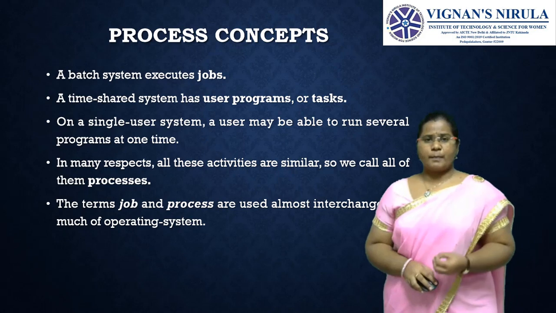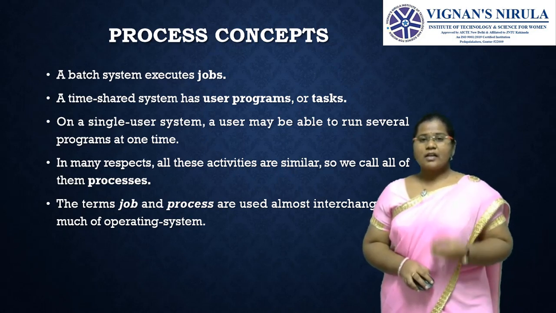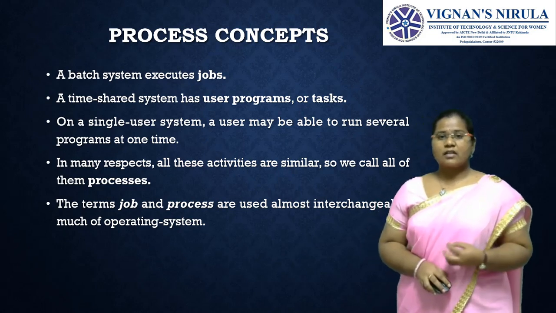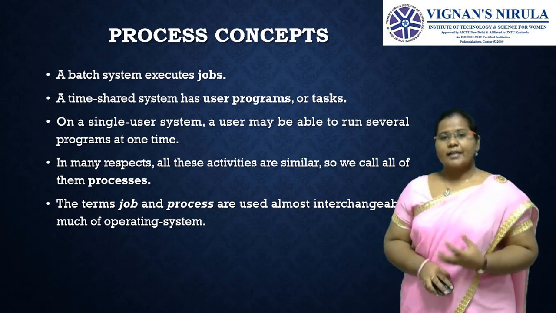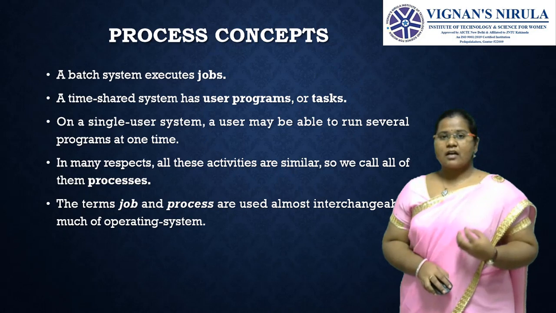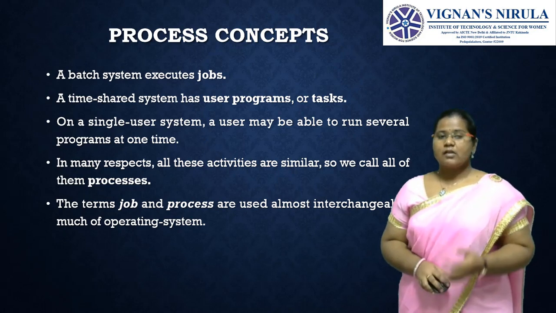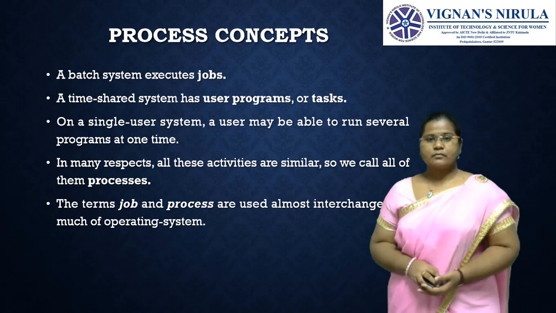So in any aspect, all the activities involved in executing these jobs, tasks or processes are equal. All these are considered processes. A job and a process are both equal.